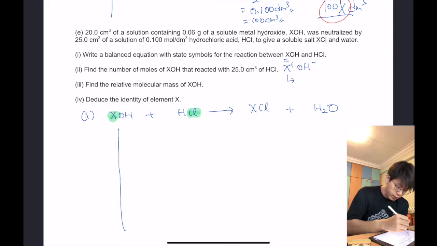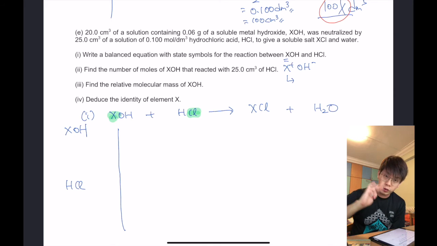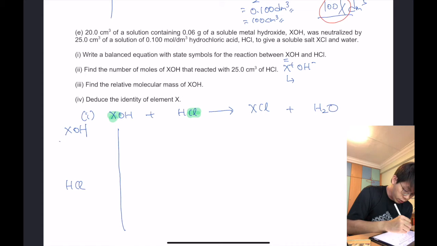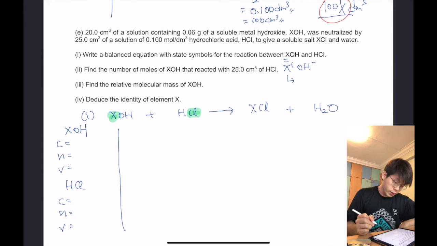Okay, so now I need to go and set up my working. So I got XOH, which I don't know what it is, and then HCl. Remember the three quantities. What are they? Yes. So we got concentration, number of moles, and volume. So what do I have here? I have the volume of XOH, 20 divided by 1000.